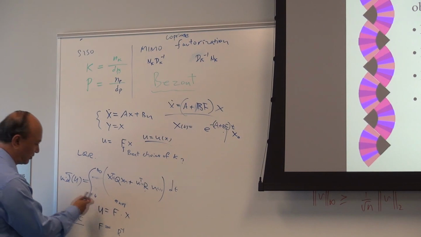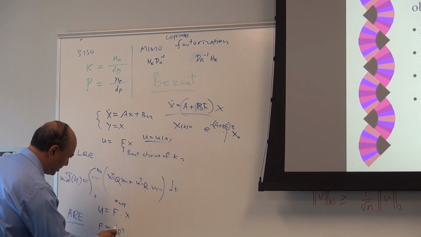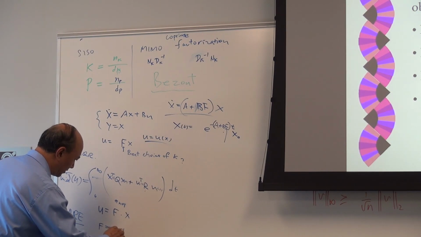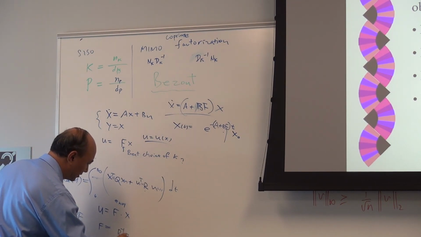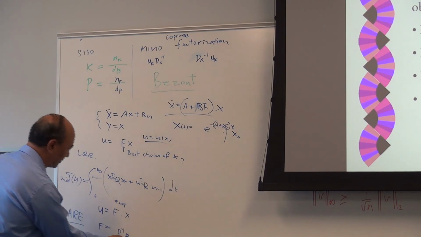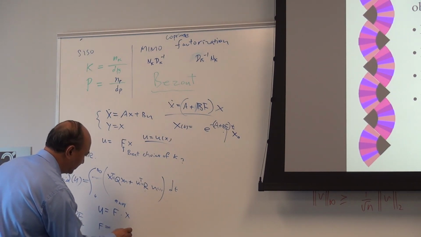So this is a matrix, and F is related to B. I remember B is M by N, so this is B. Yeah, something like this. Then you have another one, M by N, which is P.